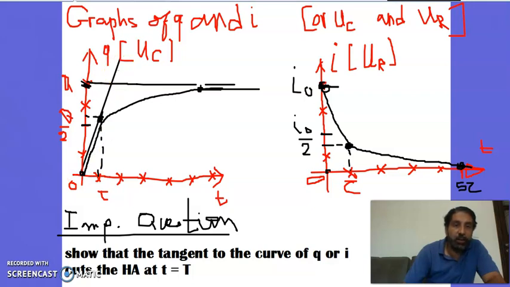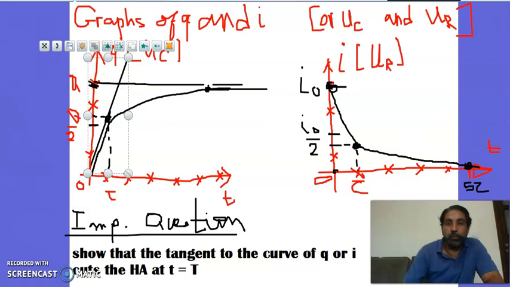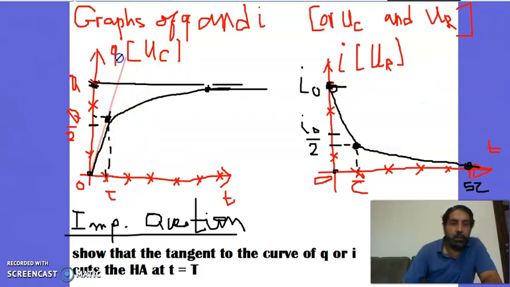Let me change the color of this line. I will use this color. Okay, clear? Good. Similarly, here is a tangent. Now does it really cut? Yes, it has to pass through this point. Here t equal tau.